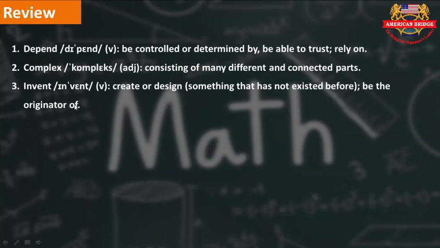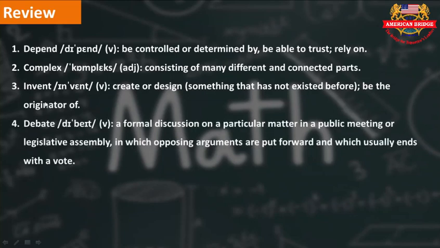So when they design something new that never existed, we call it invent. Number 4, debate: a formal discussion on a particular matter in a public meeting or legislative assembly, in which opposing arguments are put forward, and which usually ends with a vote.